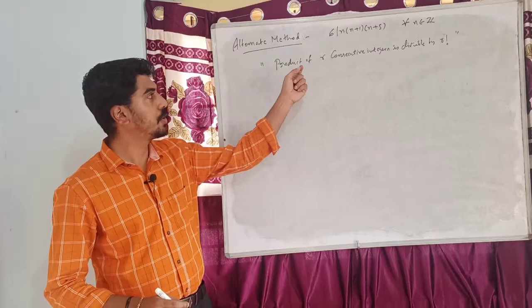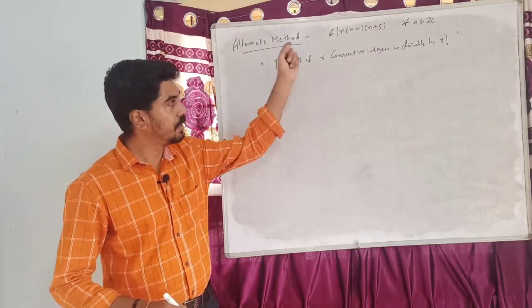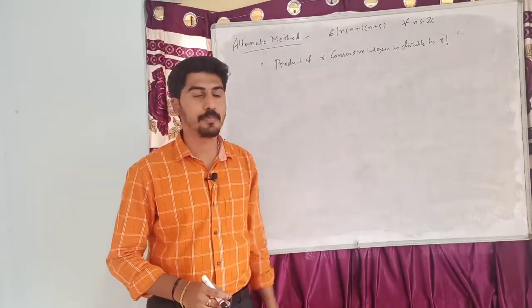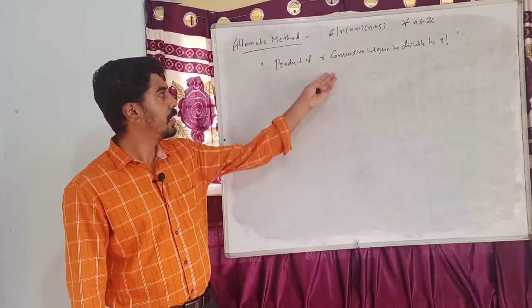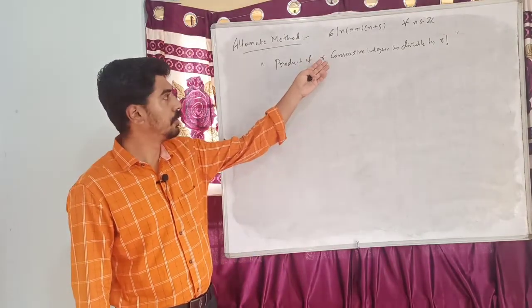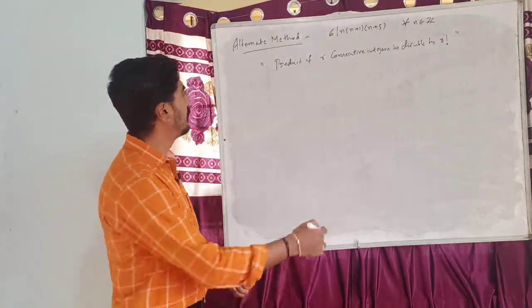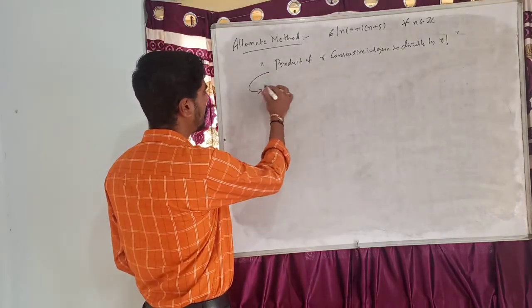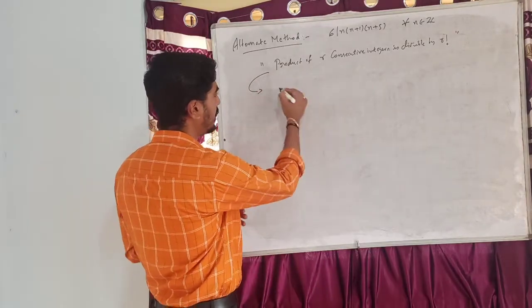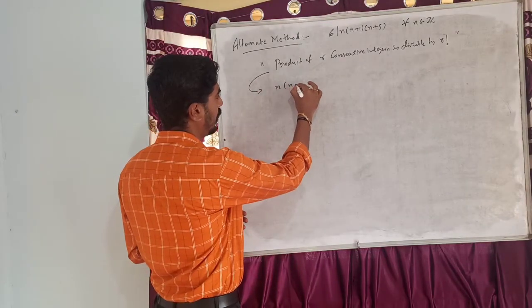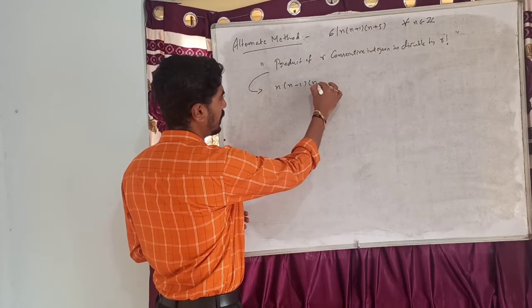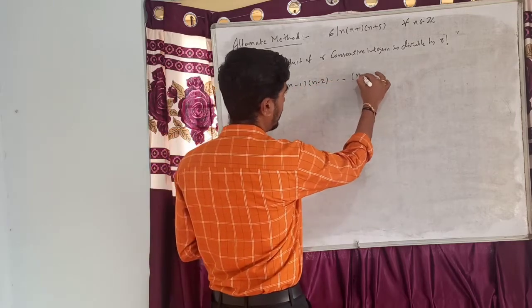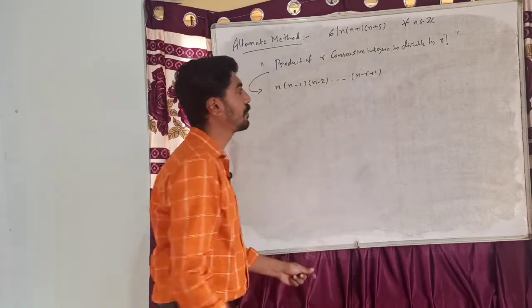Product of r consecutive integers is divisible by r factorial. First I will give an outline of the proof of this statement. Suppose I consider a product of r consecutive integers n into n minus 1, n minus 2 up to n minus r plus 1.